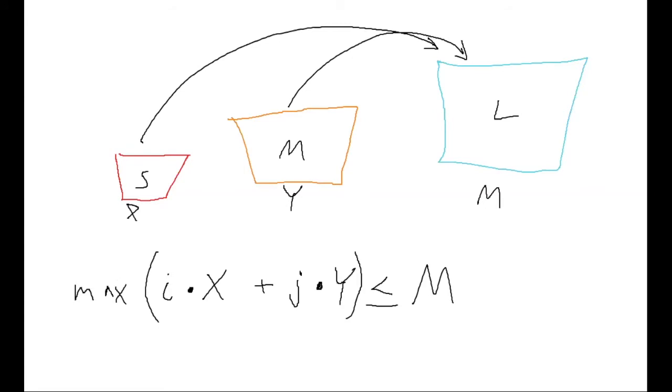So we try to find the maximum value of I and J such that this total is less than or equal to M. These are the levers we can control. Okay, let's take a look at how this could be done.